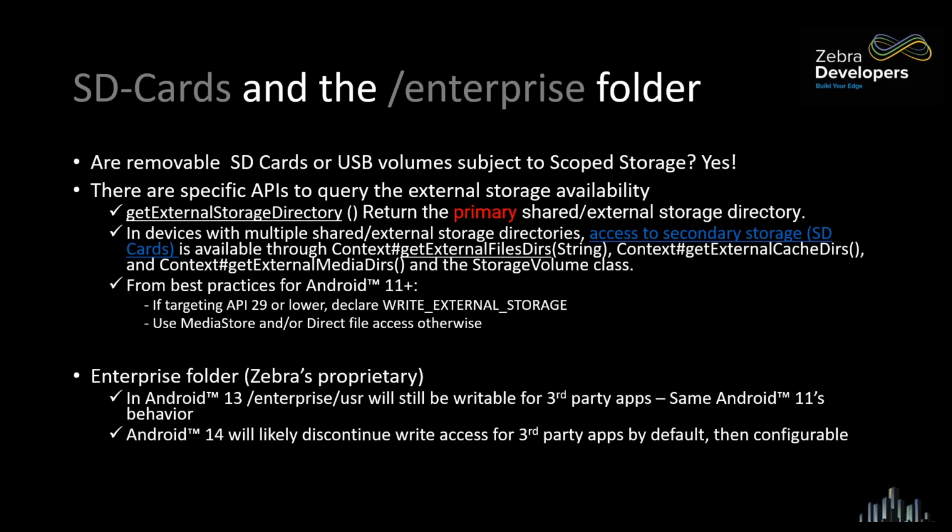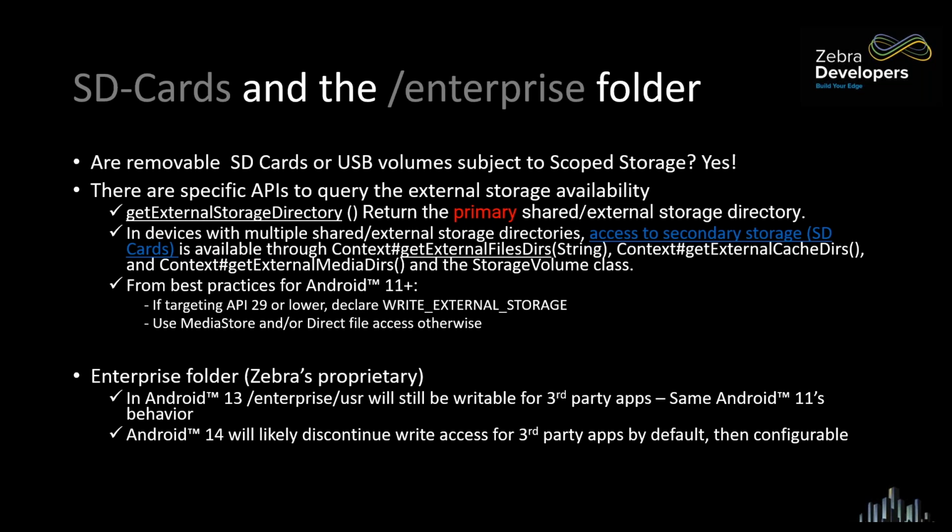And so, yes, the removable SD cards and the USB volume are subject to the scoped storage, and there are specific APIs that you want to use when you need to detect the path of the primary and the secondary storage available for your application. You use the getExternalStorageDirectory API to return the primary shared external storage.